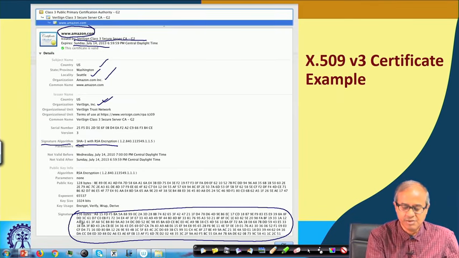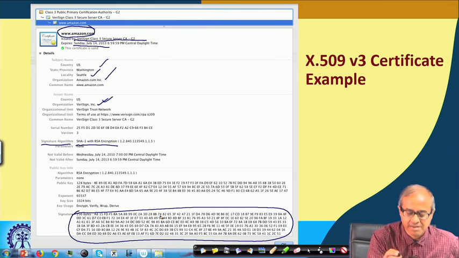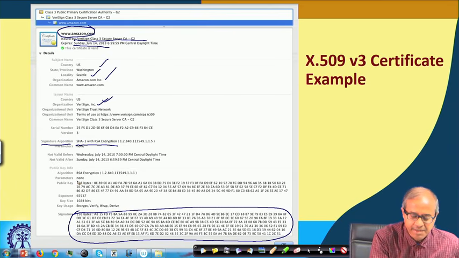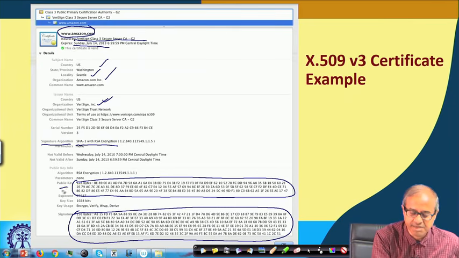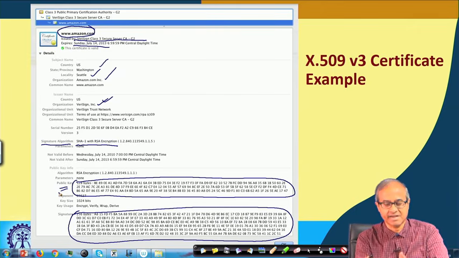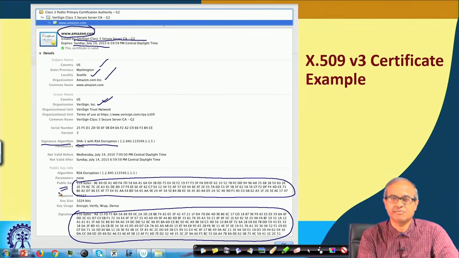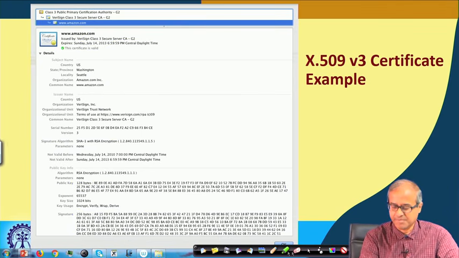It generates a 256 byte signature. And you have the public key here. This is the public key. Public key is what you are interested in ultimately, right, but for verification whether you are getting the correct public key, you have some other information along with the certificate coming to you. So, this is how a certificate looks, and this is part of the X.509 standard.